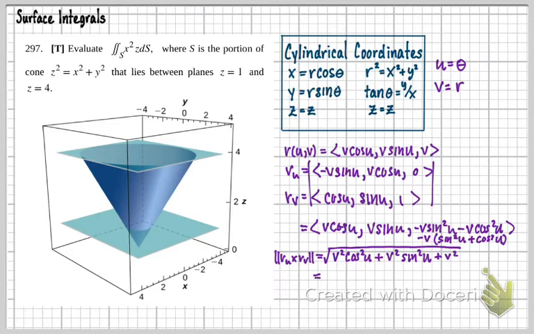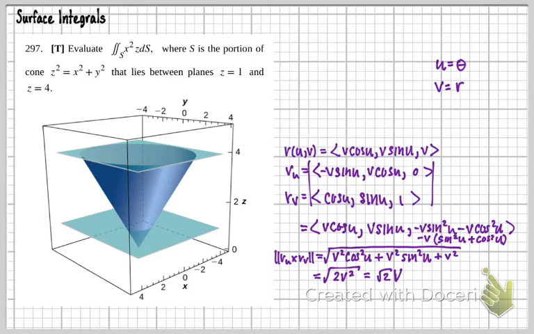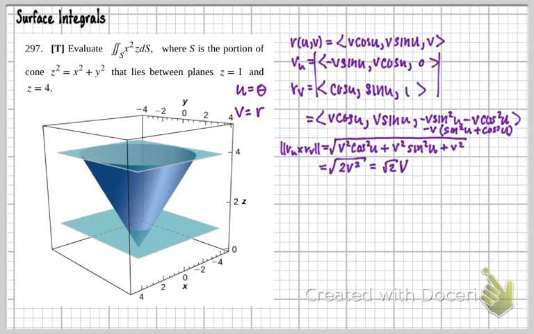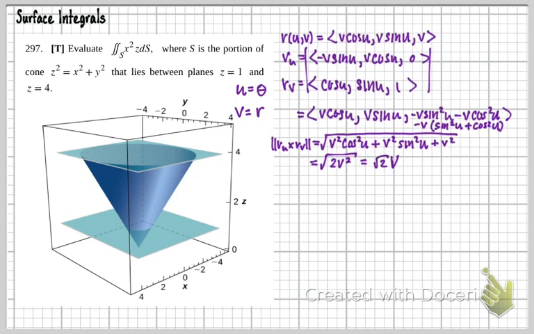So this is actually going to be the square root of 2v squared, which is square root of 2 v. So I'll get these coordinates out of here. We don't need those anymore. I'm just going to move this over and move these up, because I'm going to need some more room here to do my actual integral.